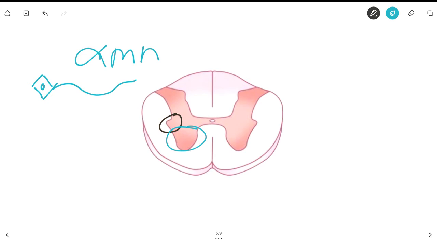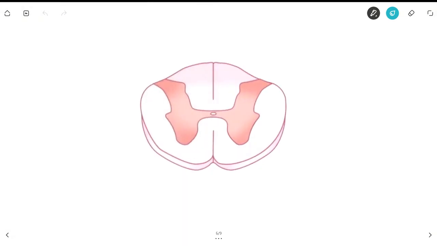And in regards to the intermediate zone, which is found only in some regions, specifically T1 to L2 and S2 to S4.